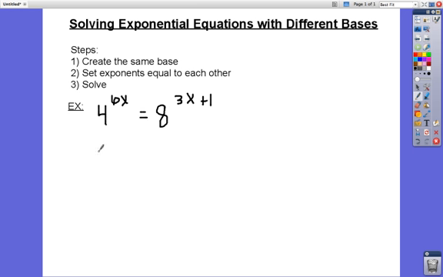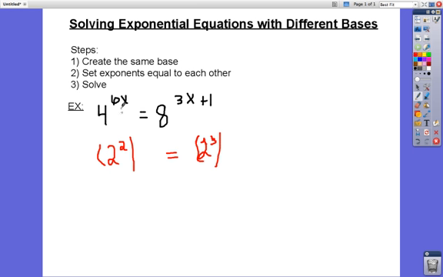So if we change 4 to 2 squared, okay, and 8 to 2 cubed, okay, we will have an equation with equal bases.